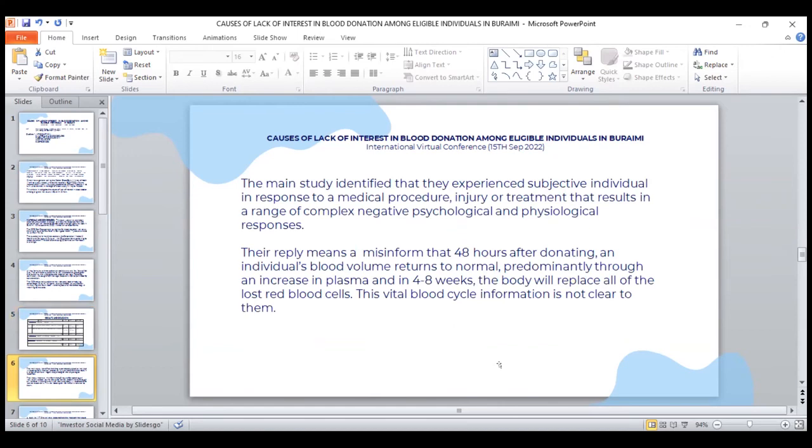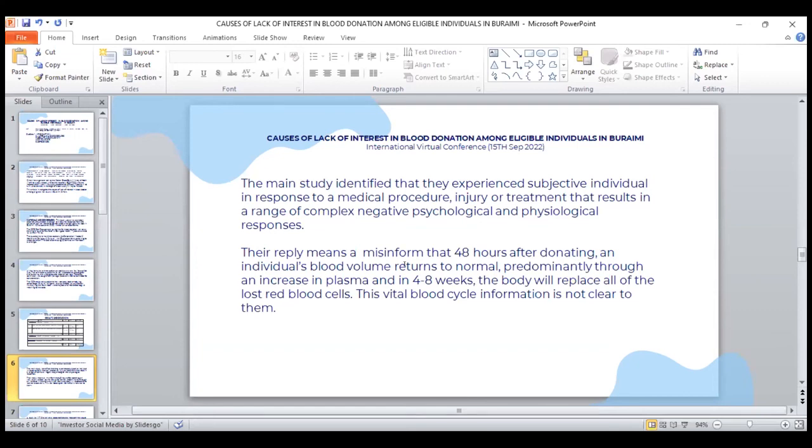Further, we try to compare the result of this study. The second item in personal reasons is that they have a traumatic experience in the hospital. This explains that their experience is subjective as an individual to a medical procedure, injury, or treatment that results in a range of complex negative psychological and physiological responses.